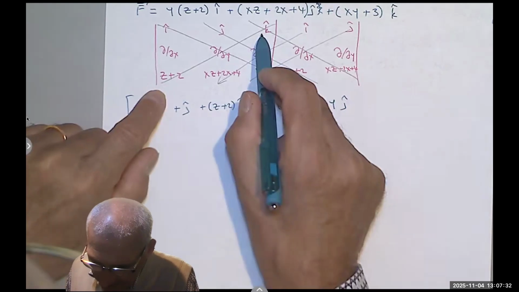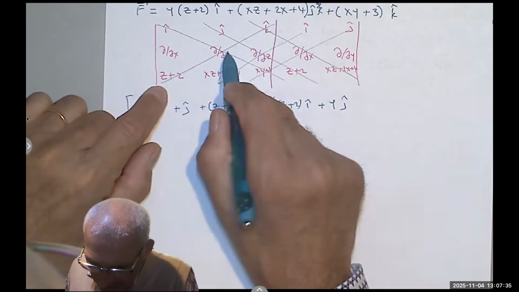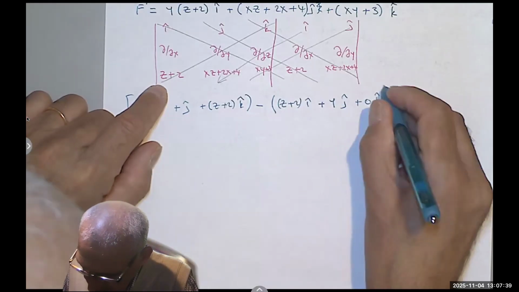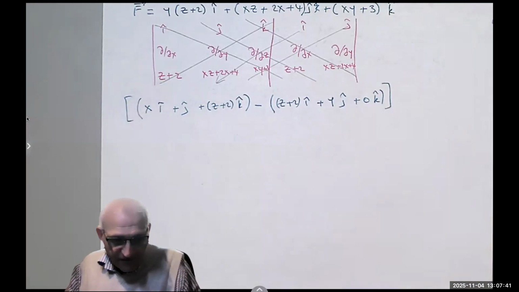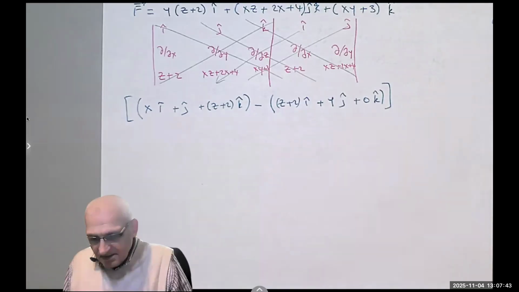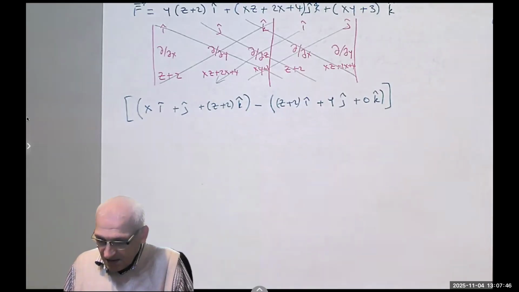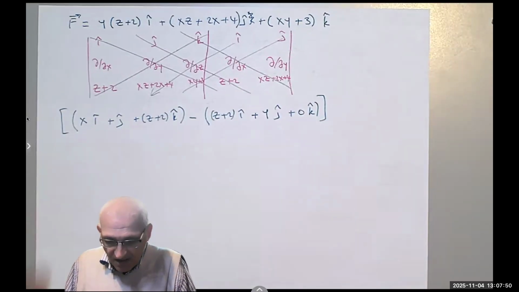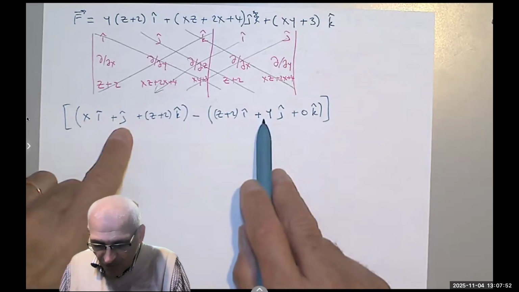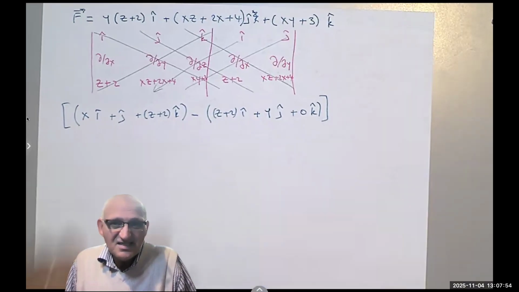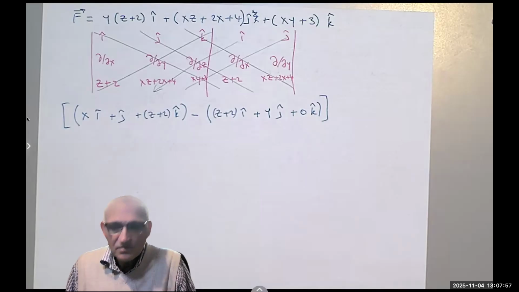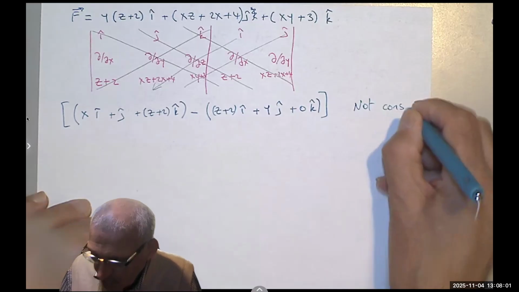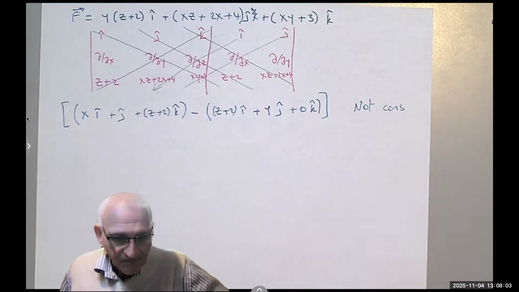And then finally partial y of z plus 2 is 0k. And we can see from here that this one is not conservative because neither the x nor the y nor the z component is 0. So not conservative. We were just checking to see whether it's conservative or not.